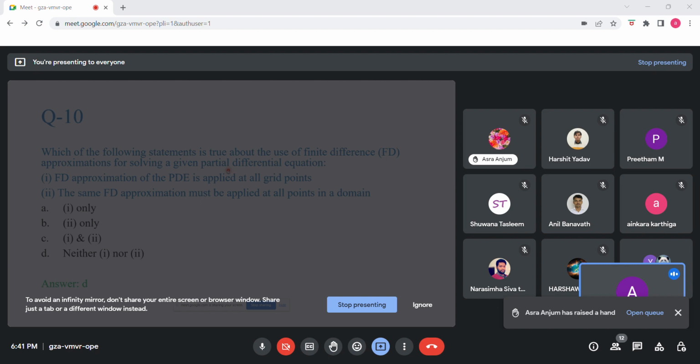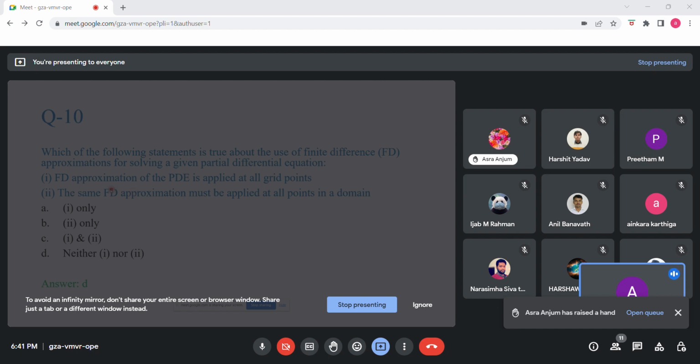It is mostly not applied at all grid points because we know the boundary conditions. So boundary condition values will be known at the entrance and the exit regions. The same FD approximation must be applied at all points in a domain. It is also not true because in most problems when the geometry is complicated, it will not be efficient to use the same FD approximation.